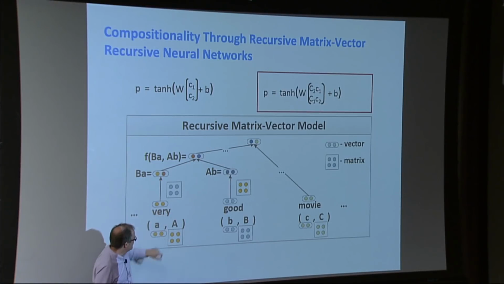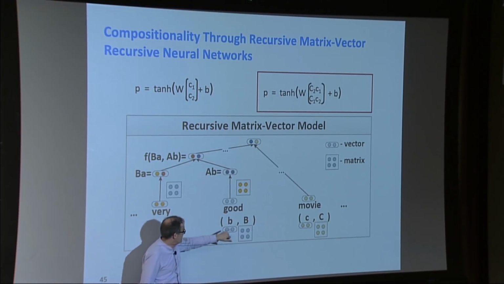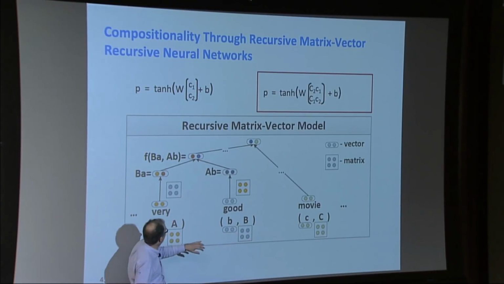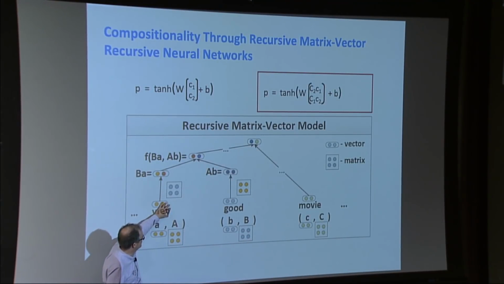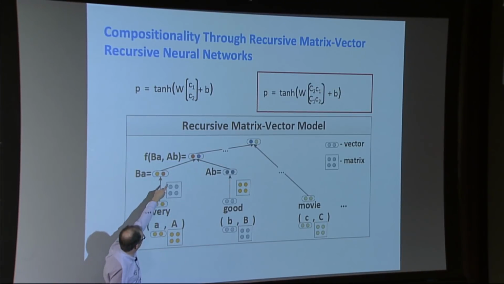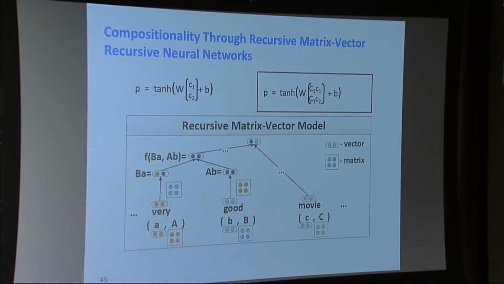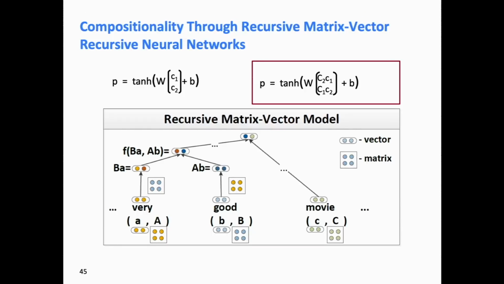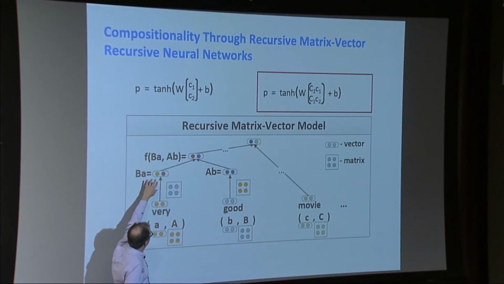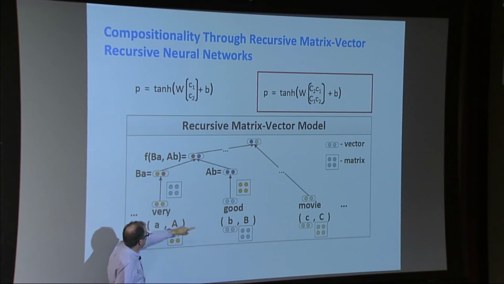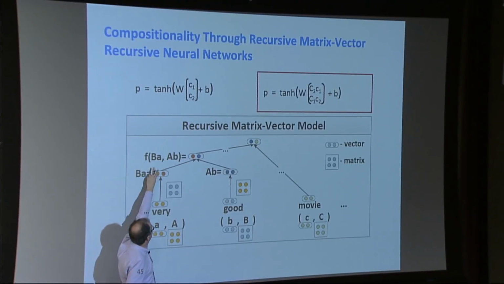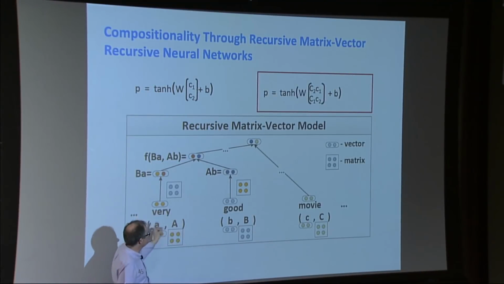So here's our very good movie. For each word, we have a vector meaning and a matrix meaning. And as we start to build up phrases like very good, they're also going to have a vector meaning and a matrix meaning. First of all, we would like to be able to calculate the vector meanings. To work out the vector meaning of a phrase like very good, each word has a matrix meaning, so we're going to combine their opposing matrix and vector meanings.